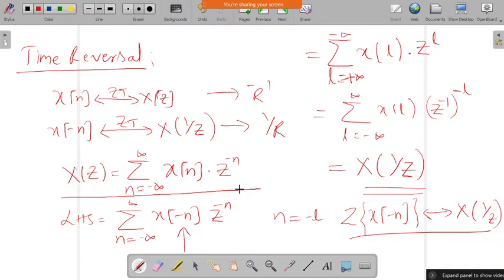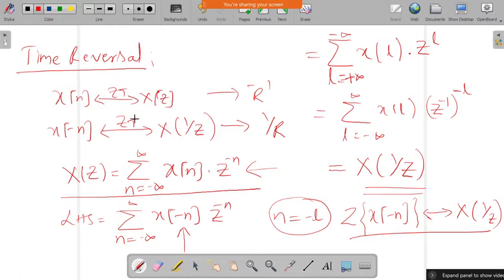That is why we put n equal to minus L. Okay, sir. So, even if it is a left sided signal, right. We bring it to the form which is the already standard expression, so we substitute n equal to minus L and find the z transform.